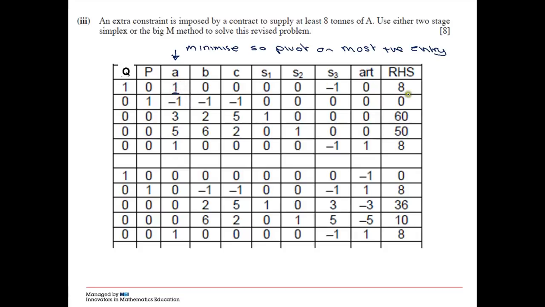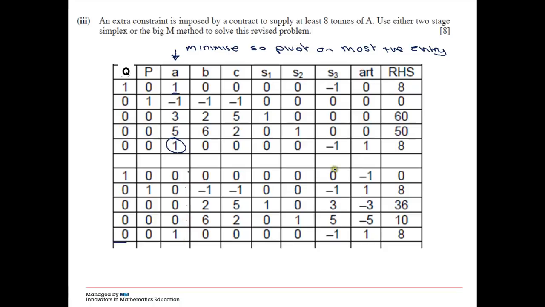So in that column, we perform the ratio test and we get the pivot element to be down here, which is again 1. So we just need to carry that row across and then perform as before multiples of that row added and subtracted to get zeros in every other entry down there.